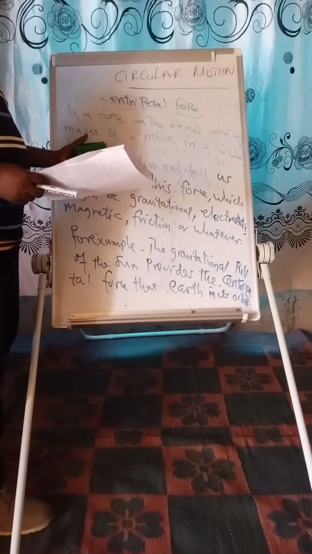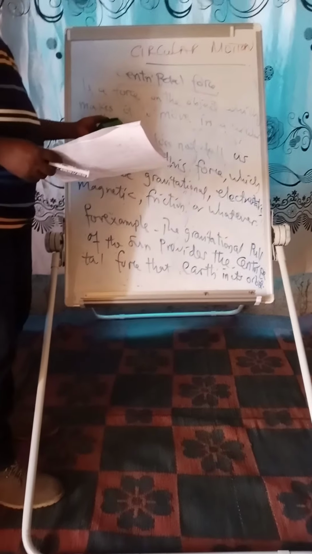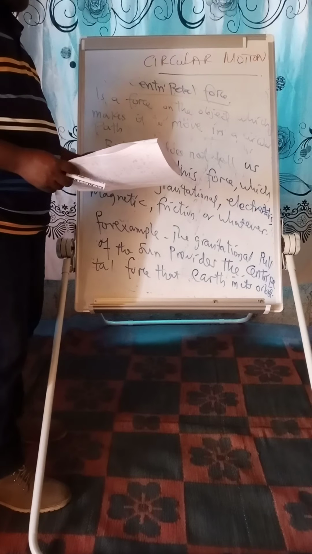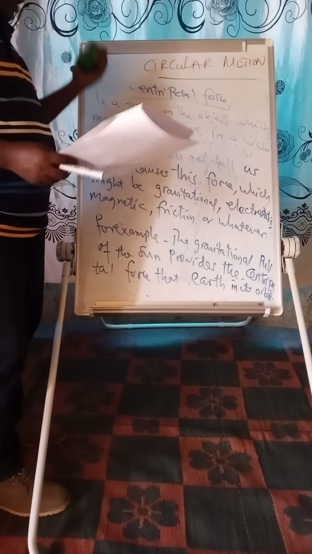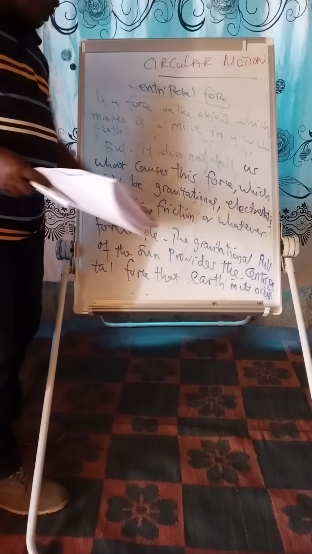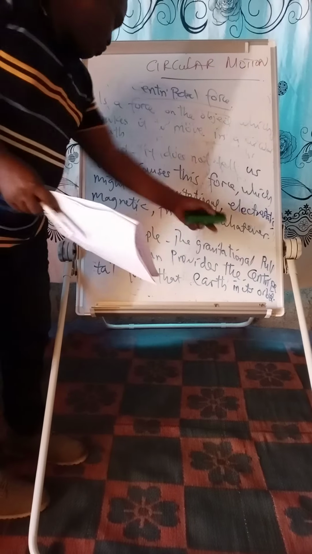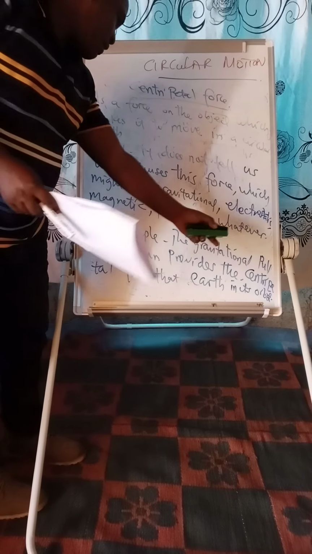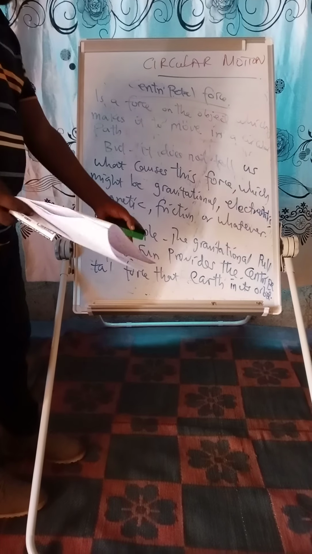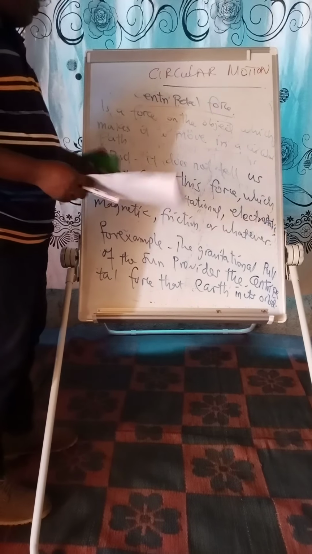For example, if a car is making a corner, we say centripetal force is caused by friction on the tires. Also, for the Earth, the gravitational pull of the sun provides the centripetal force to move in its orbit.